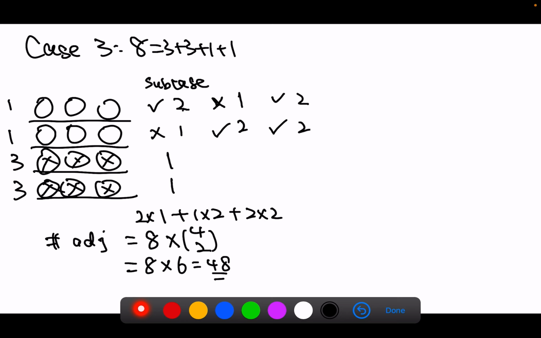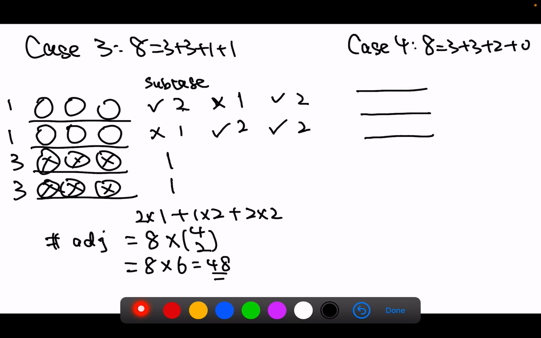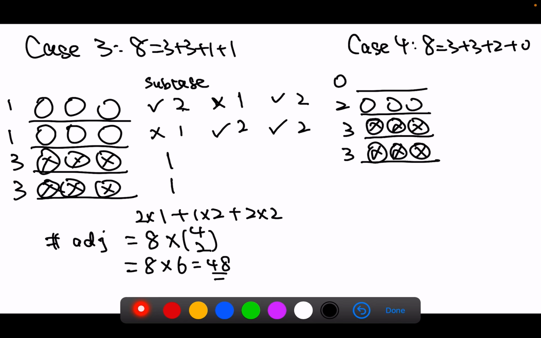This is the most complicated case, by the way, because case 4 will be easier. Case 4 is 8 equals 3 plus 3 plus 2 plus 0. So same thing. 3 seats are all taken. Now this one has 2 seats being taken and 0 seats.